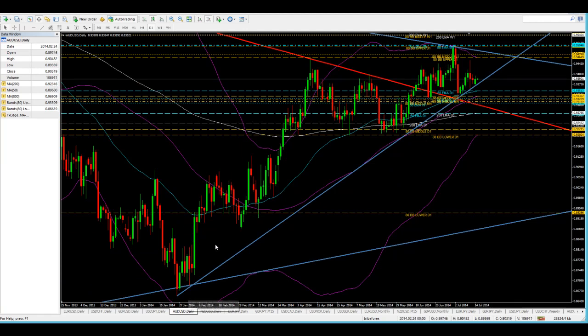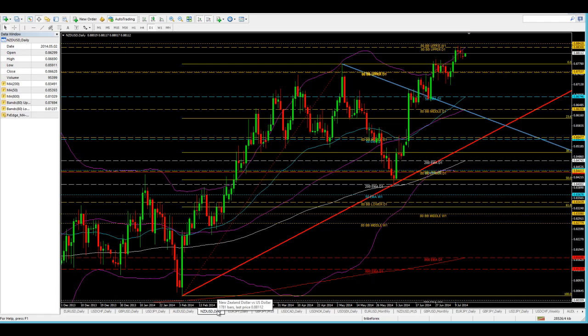Aussie dollar also showing a very nice flag formation. We're going to look for a buy off of 0.9376, and we're going to look for price to move up because it's got a very strong area of support here. New Zealand dollar, very nice consolidation pattern.